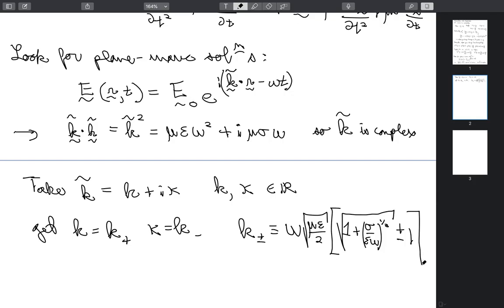Okay, so just a bit of a mess, but by simply solving the quadratic relations here, you can find these values. Okay.